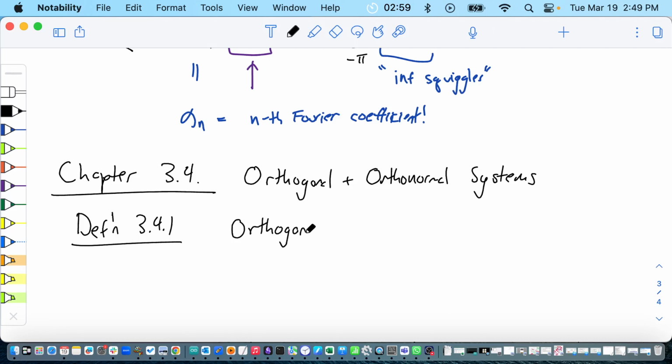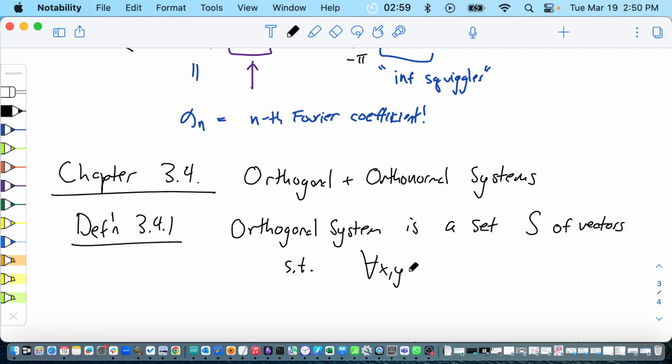An orthogonal system is a set S of vectors such that for all x, y in S, so you pick any two vectors out of your bag of vectors, they are perpendicular. x is perpendicular to y, and the symbol means that the inner product of x and y equals 0.